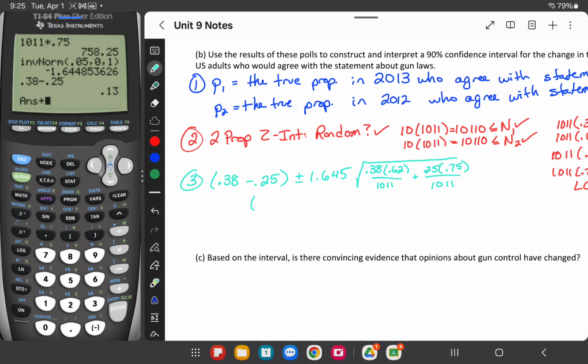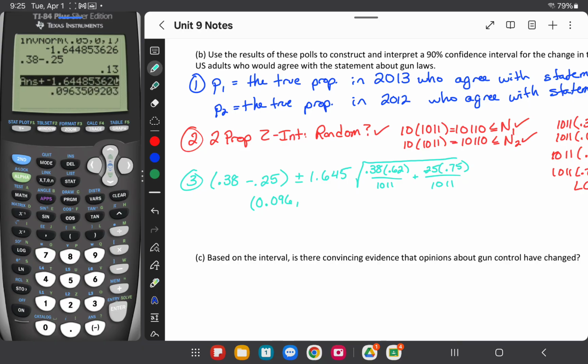And then we're going to take that minus our critical value, so plus the negative of that, times the square root of, we're going to be taking 0.38 times 0.62 divided by 1011 plus now the 0.25 times 0.75 also over 1011, close our parentheses, and here's going to be the lower end of that confidence interval, so 0.096 up to, and then all we have to then do is take 0.13 plus all that rather.